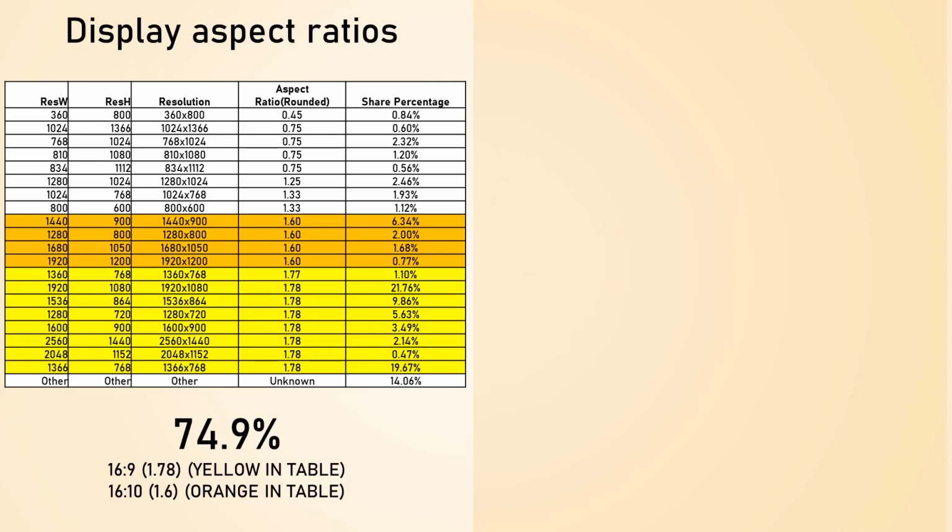The 16:9 and 16:10 aspect ratios account for 74.9% of all the resolutions that were seen. The 16:9 resolutions are highlighted in yellow, and the 16:10 resolutions are highlighted in orange. And if you look at the remaining ratios, I think it's likely you're not using them with pen tablets.